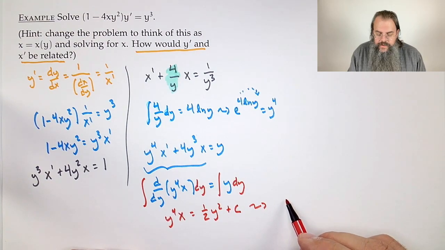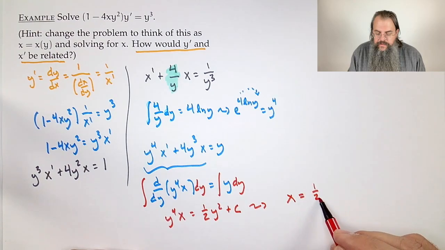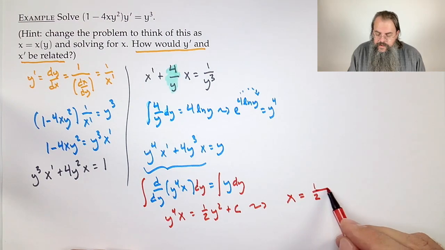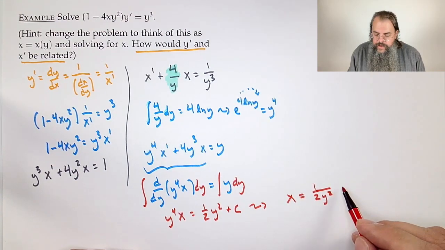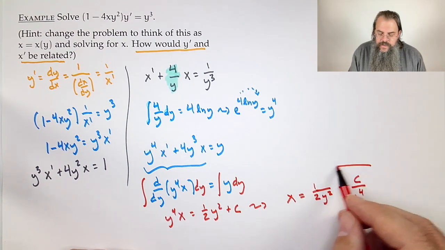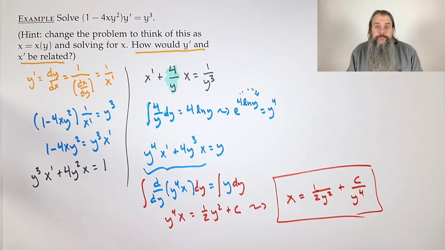Or we can say, lo and behold, that x is equal to 1/2 y squared divided by y to the fourth. So put it as 1/2 y squared plus some constant c over y to the fourth. And there we go. That's it.